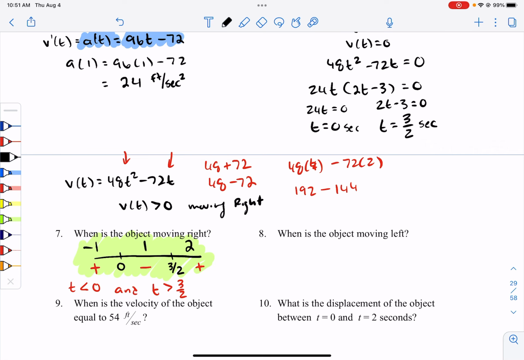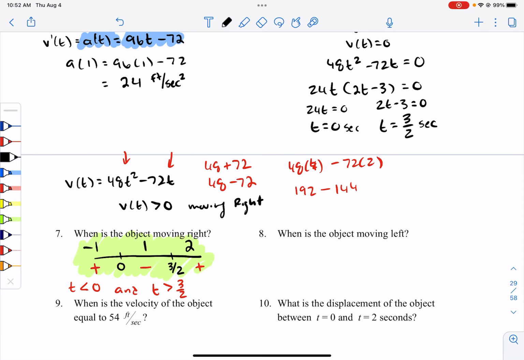I have to take the information from the table and answer the question. At one point, people were just using the table and expecting to get the answer because the answer was in the table. Sorry, guys, that doesn't work. Make sure you say, oh, hey, t is less than 0 and t is greater than 3/2.